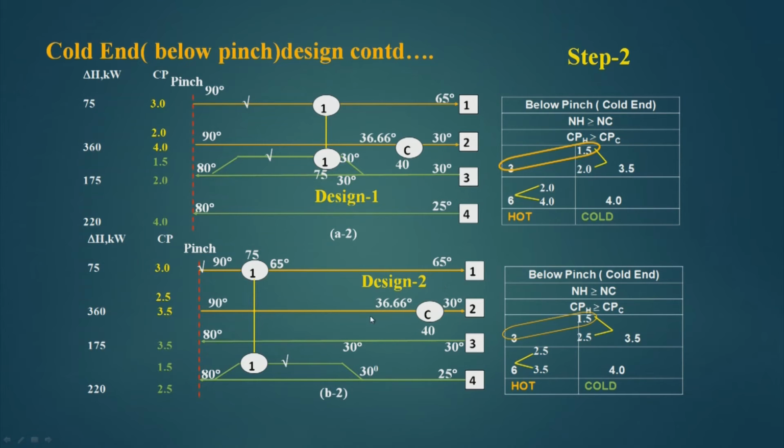That means it attains the target temperature of stream number 2. So, from 90 degree to 36.66 degree, I have to cool this by exchanging this heat with these 2 cold streams. Similarly, here 90 to 36.66 has to be cooled down by exchanging it between this and this.